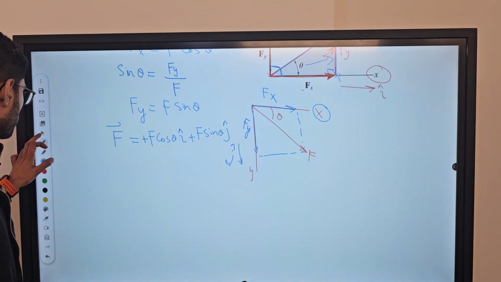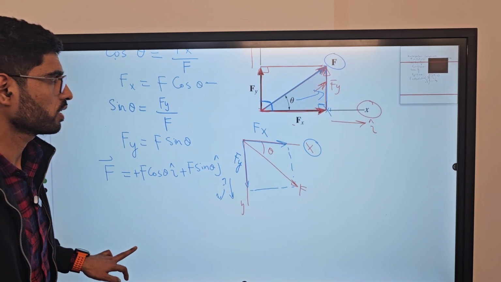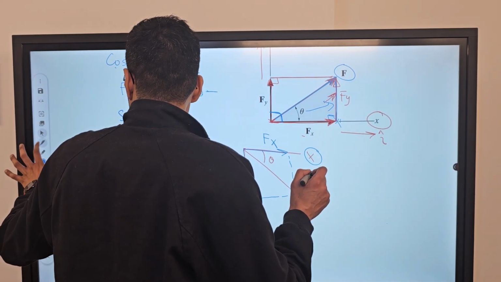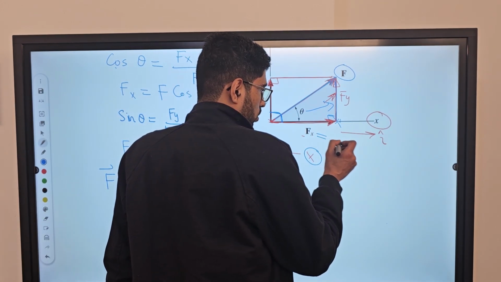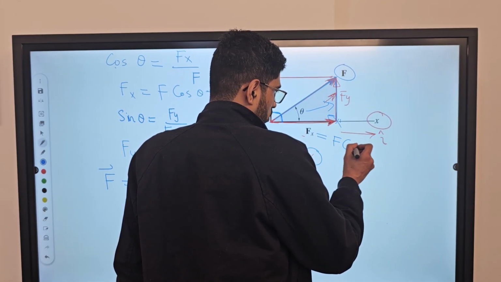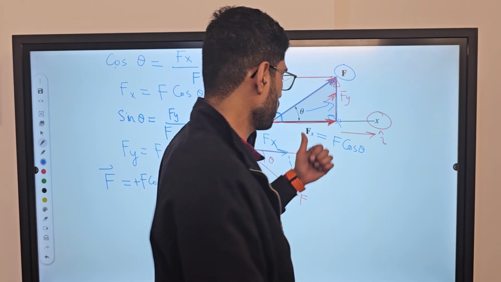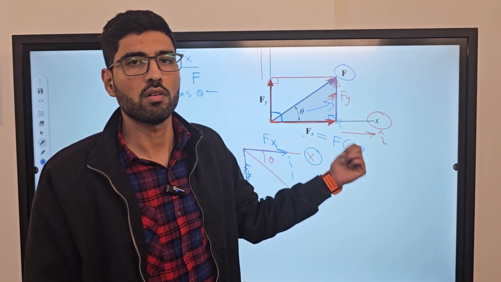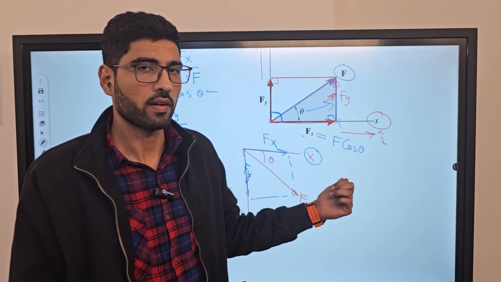But remember, this is very important: the magnitude of this f of x is not always equal to f cos of theta. This f of x may be equal to f sine of theta.